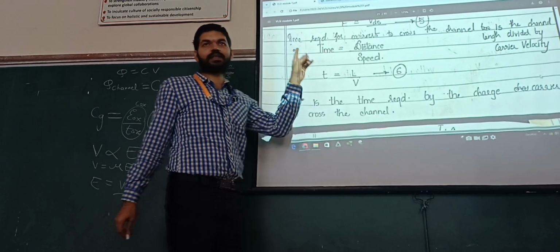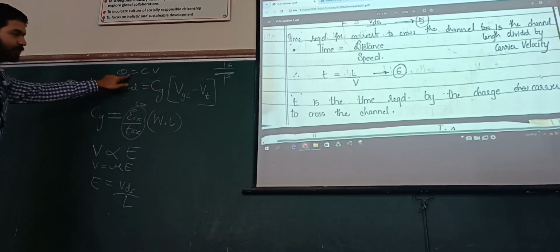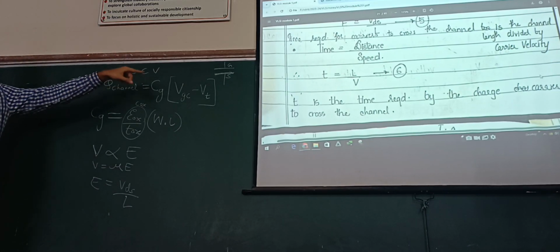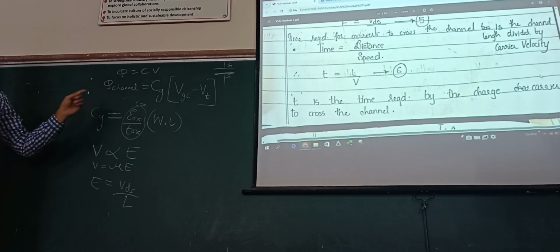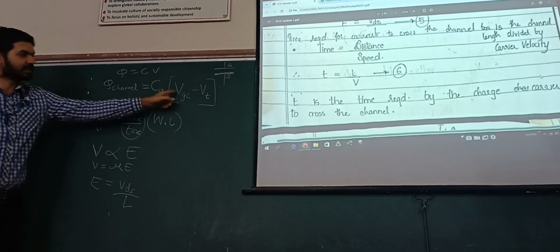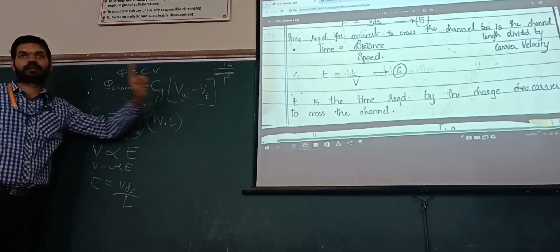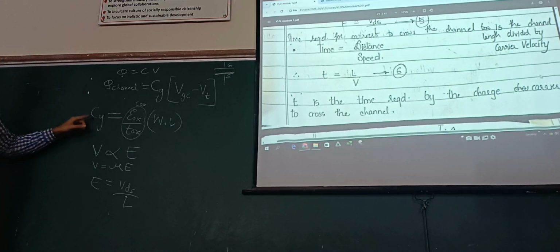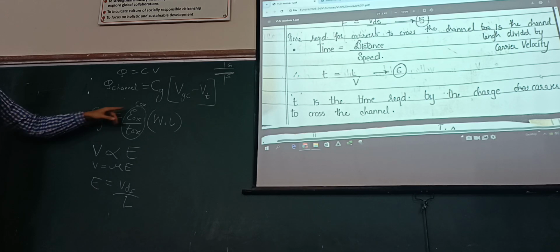So let us see what all we have seen here. First, Q is equal to C into V. What is C? CG. What is V? Voltage applied at that point, so it is VGS minus VT. Next, CG means Cox into WL.